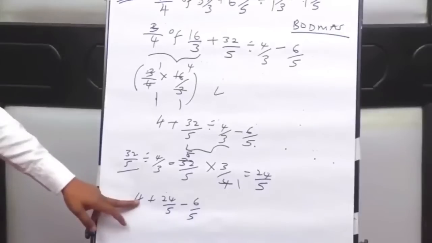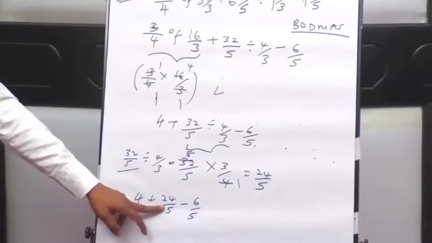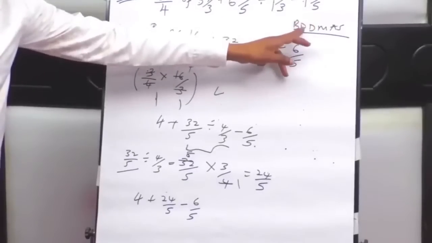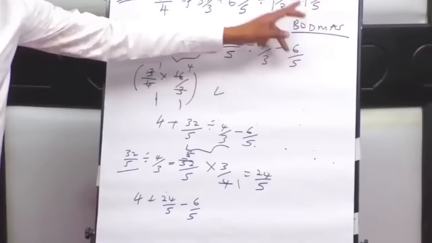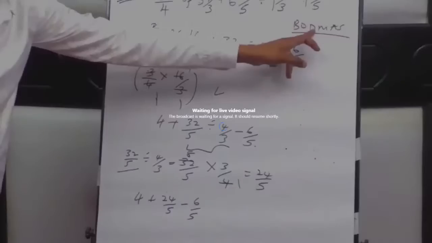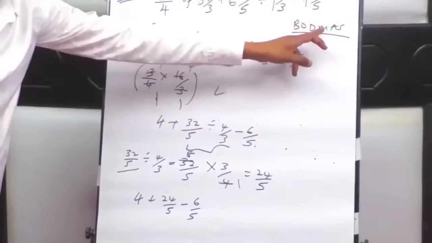This is a whole number. This is an improper fraction. So bracket, of, we've dealt with, and division.